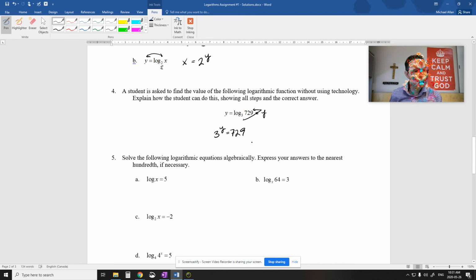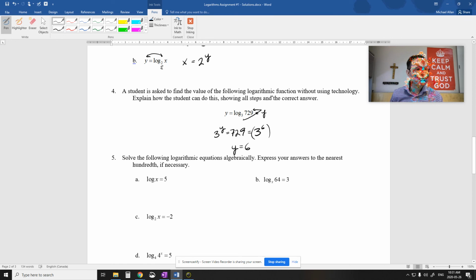You can create some kind of factor table here of all the different factors of 729. What you'll realize is 729 is the same as 3 to the power of 6. So it means y is equal to 6, right?